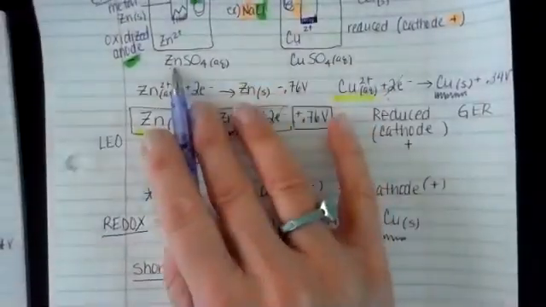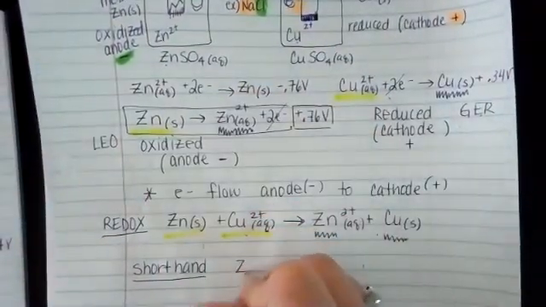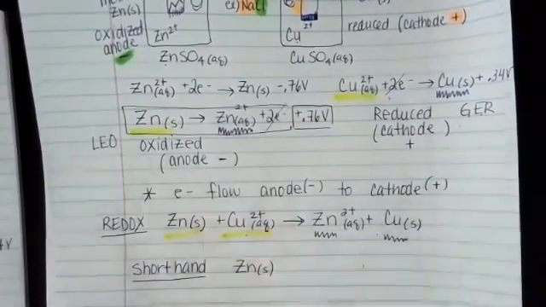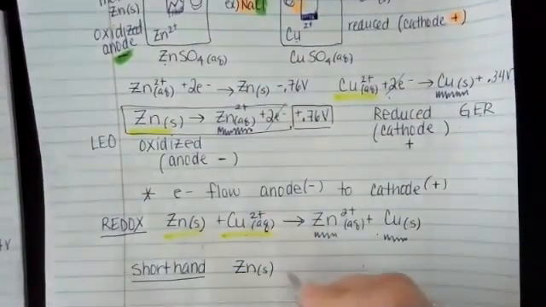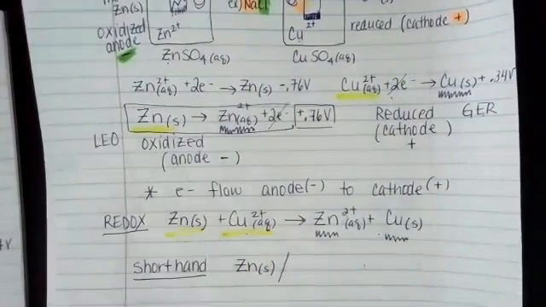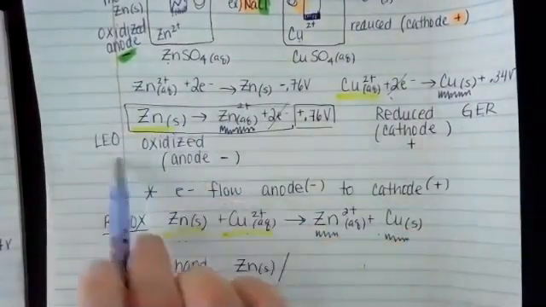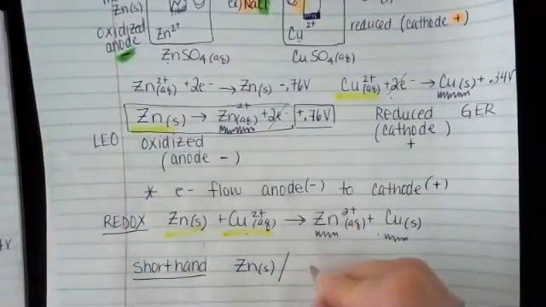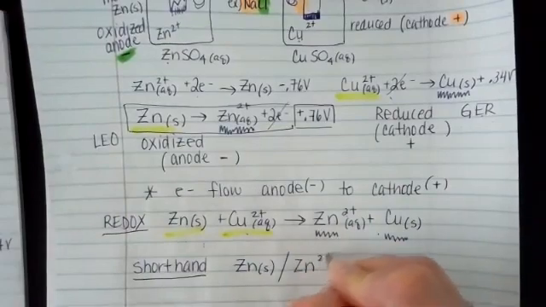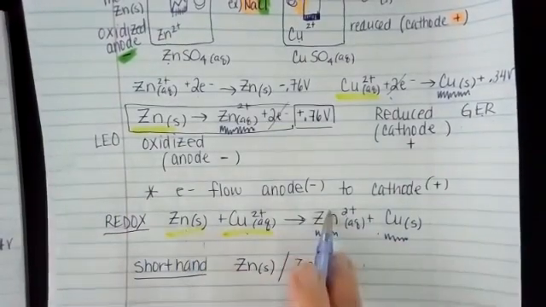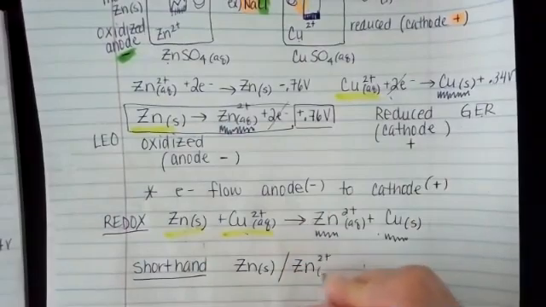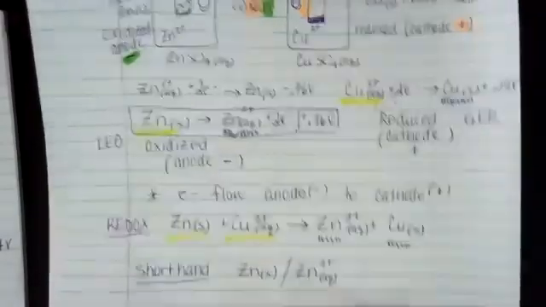The first thing I'm going to focus on is zinc. I start off with zinc solid, and zinc is oxidized, so I put a dash mark. If it's oxidized, it's losing electrons, so it's becoming more positive. So it goes zinc solid to zinc 2+ aqueous.